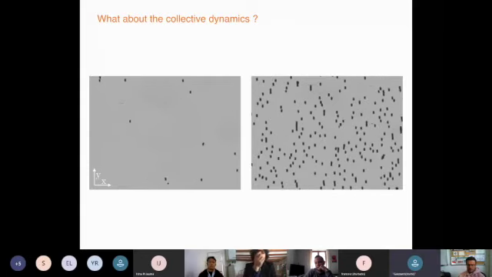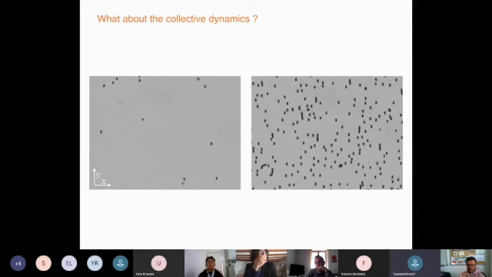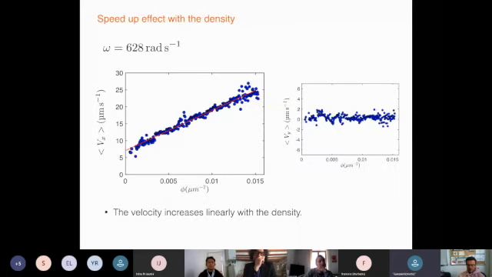And it's indeed what we observe, or what we measure. The first figure displays the mean velocity along the x direction as a function of the density of the particles. All the experiments have been performed at the same frequency, which is below the critical frequency, so it's still in the synchronous regime, where the hydrodynamic bound state dominates but lower than the critical frequency.